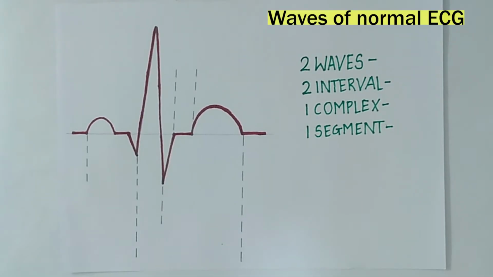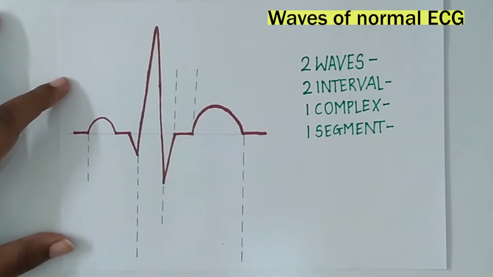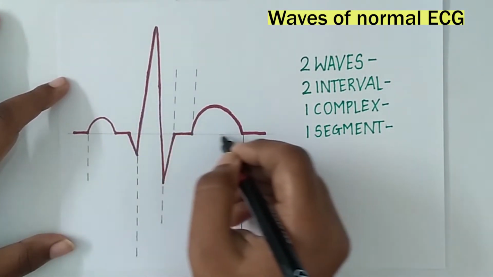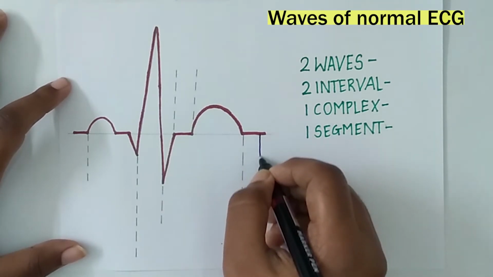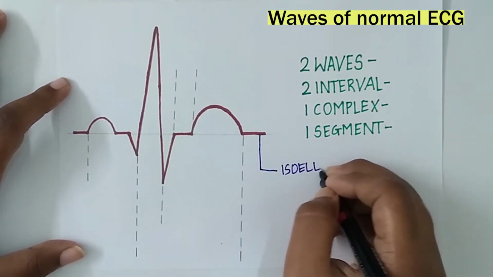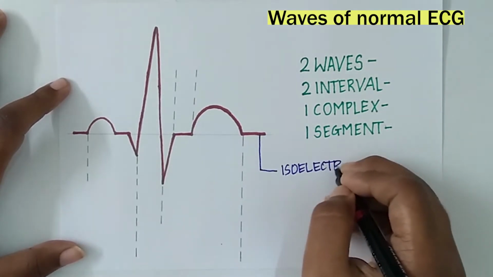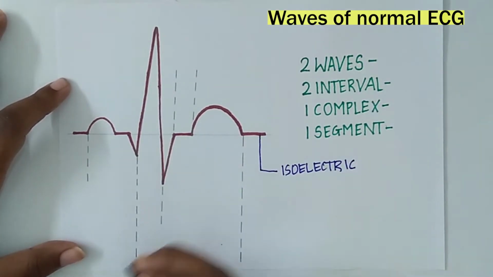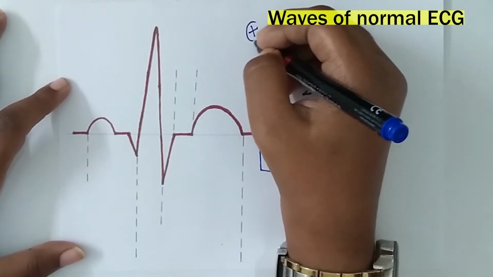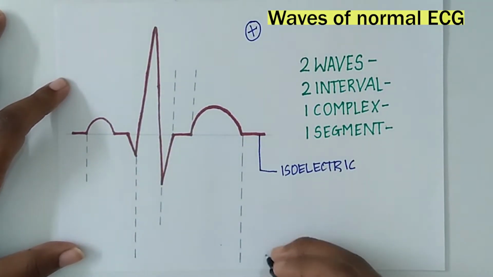Waves of normal ECG. So first of all, in normal ECG we have isoelectric line which serves as a baseline. Waves which are present above this isoelectric line are positive in nature, and the waves which go below this isoelectric line are said to be negative in nature.